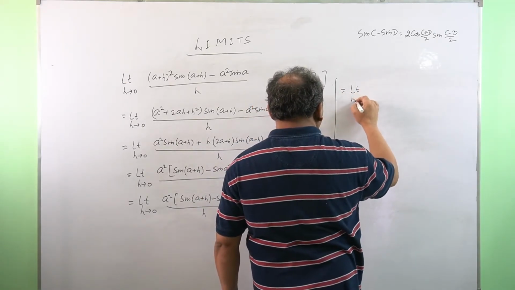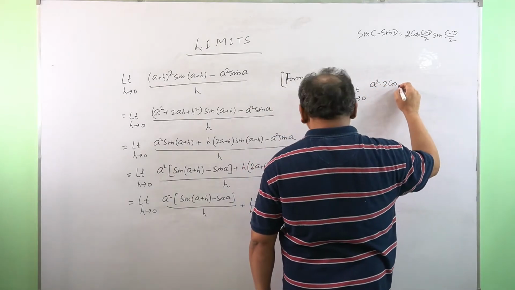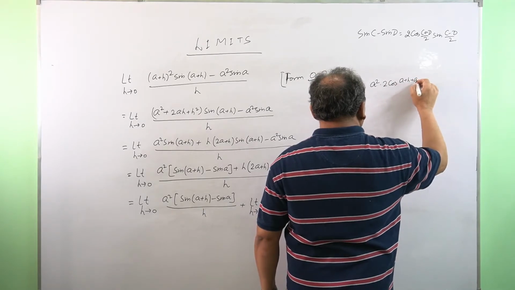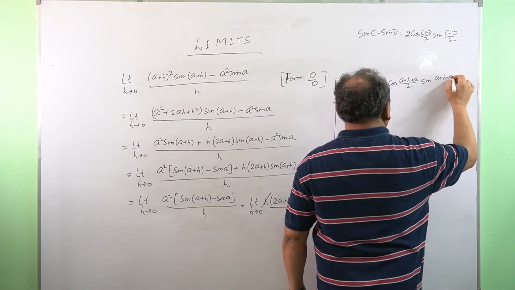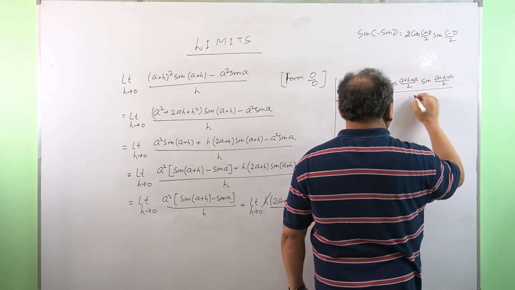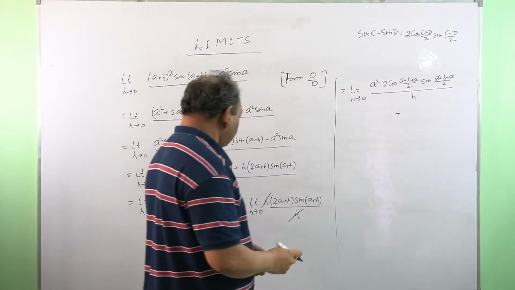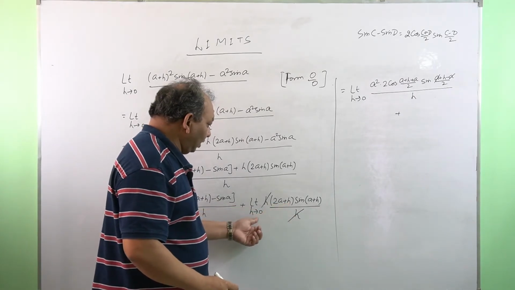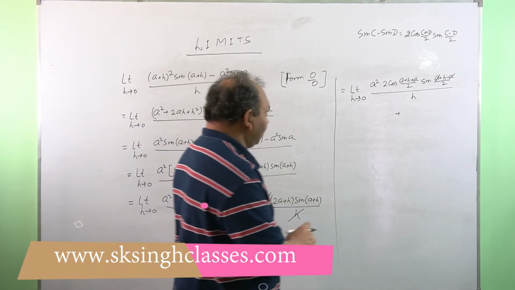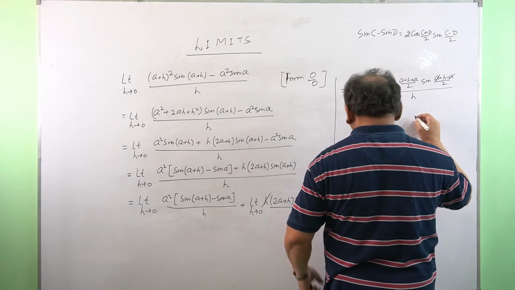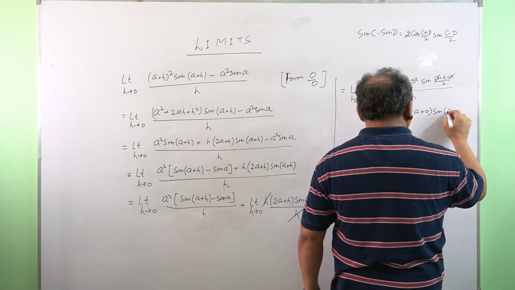Limit h tends to 0, a² into 2 cos((a + h + a)/2) into sin((a + h − a)/2), divided by h, plus. a minus a cancels out. We can put h equal to 0 because this does not give an indeterminate form. So we can put h equal to 0 in the second limit. So (2a + 0) into sin(a + 0).